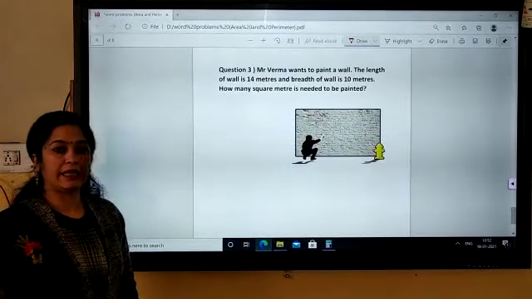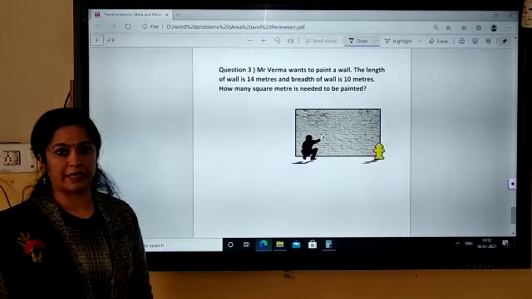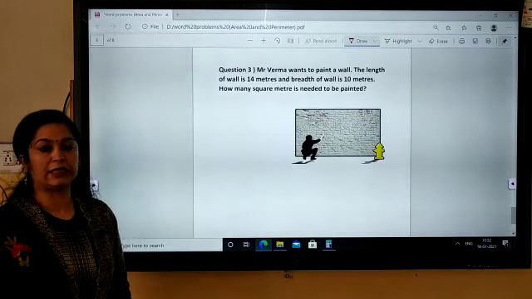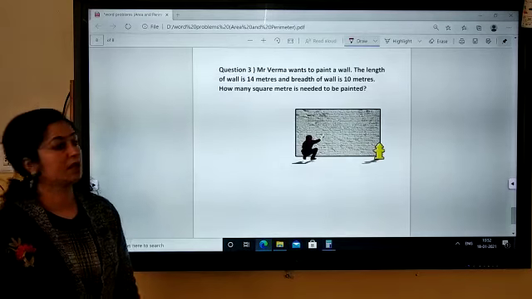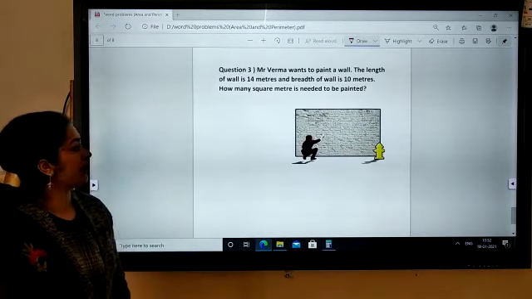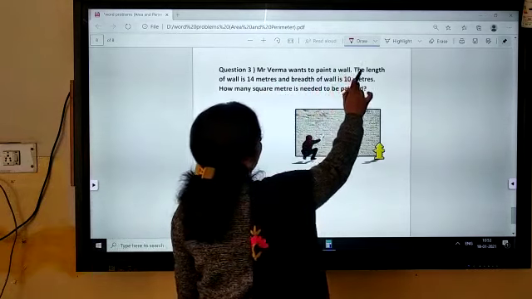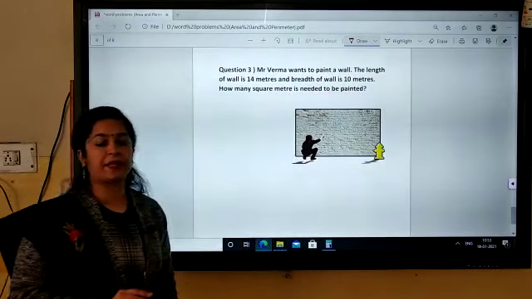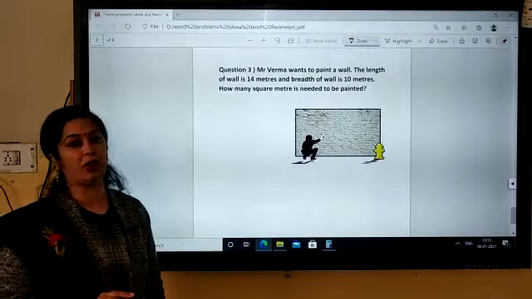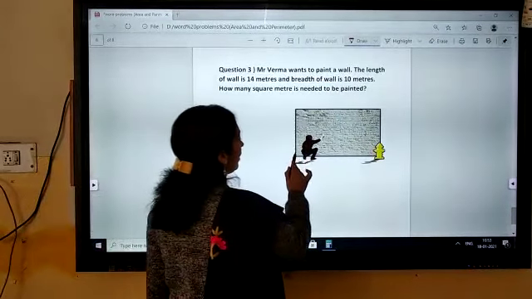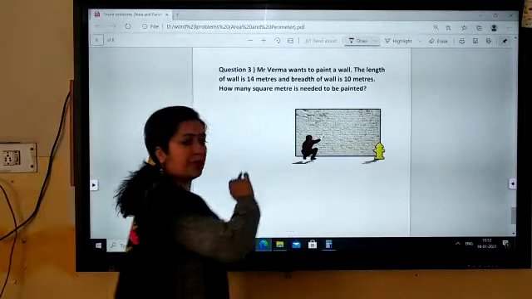So we will read this word problem again and we will underline the important words or important hints. First thing is, Mr. Verma wants to paint a wall. Means if somebody wants to paint a wall, definitely he will not paint only the border of that wall.